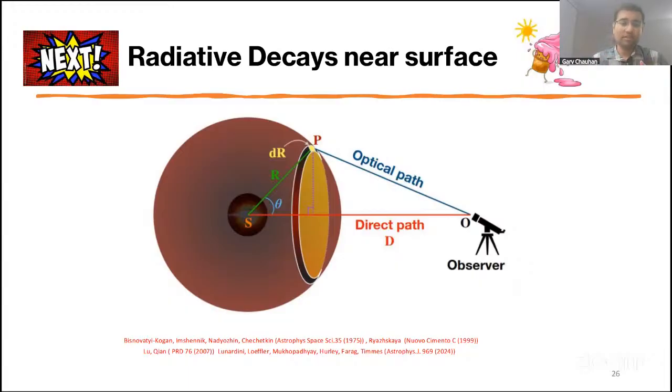From IBD, you get positrons, and these positrons, when they annihilate at rest near the edge, give rise to a 511 keV line, which is a very distinct signature. And it kind of gives you a one-to-one correspondence of the neutrino burst to a gamma ray echo at 511 keV. So that's what the idea is based on.